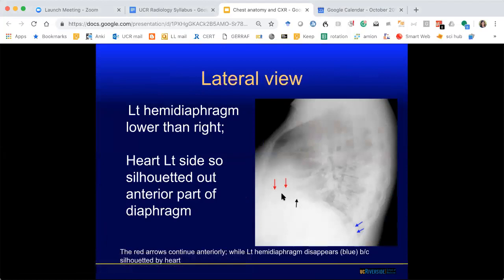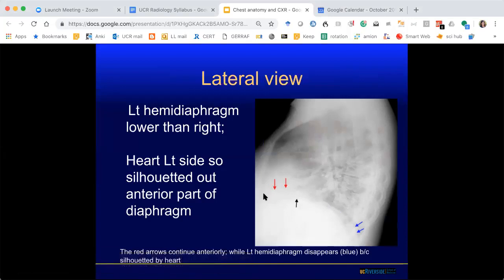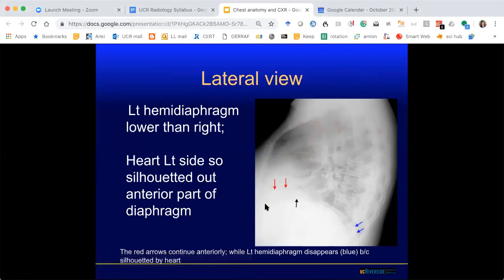Okay, can you point out the left and right again? I see what you're saying. So we can see both diaphragms here, right? Like here, you're saying we can see it extending to the anterior margin, and then the blue line, we're seeing it extend to the anterior margin.